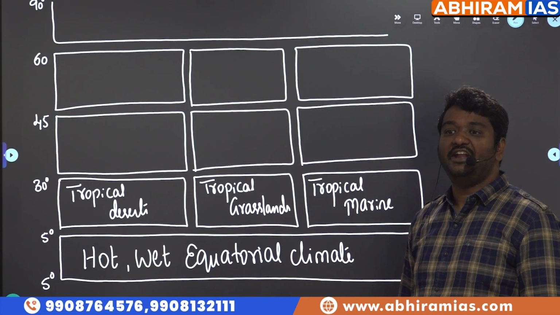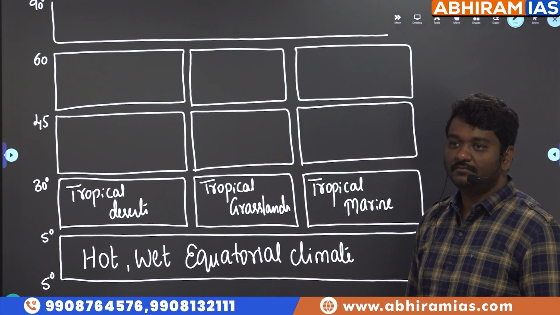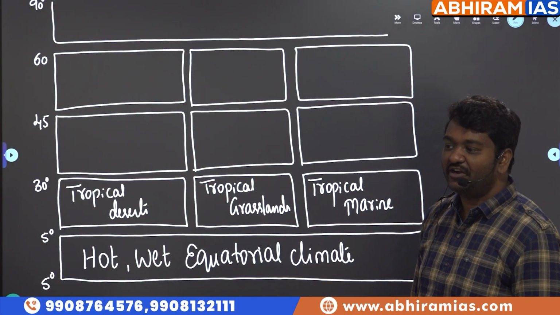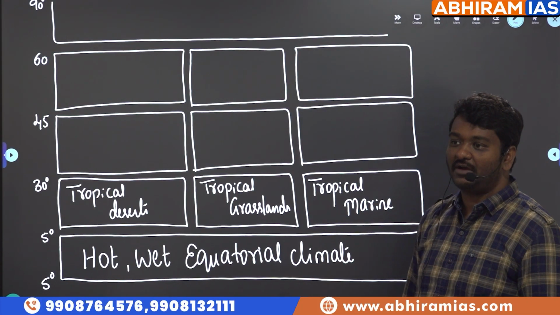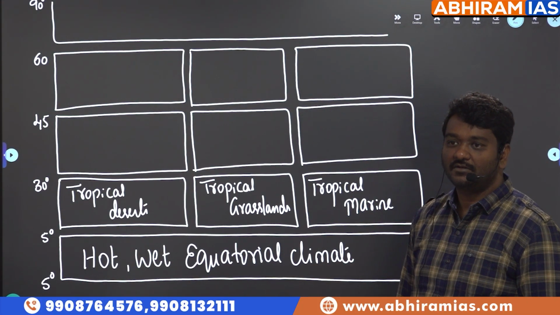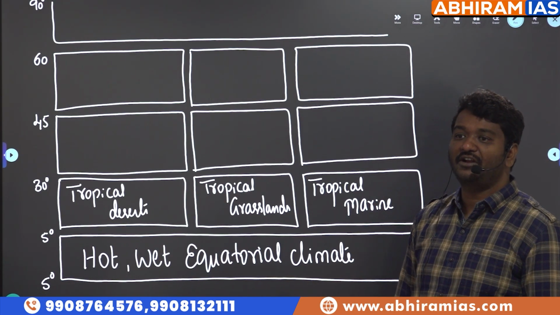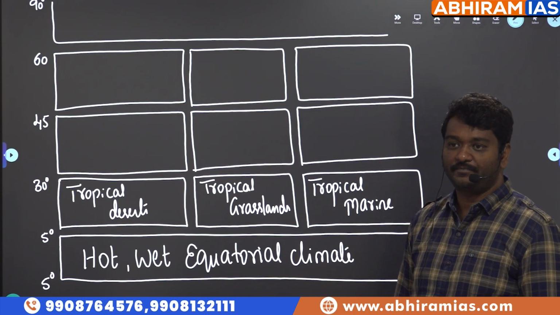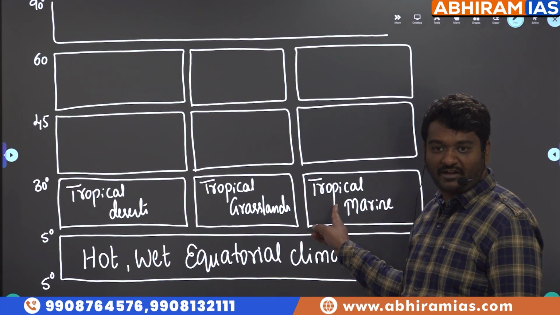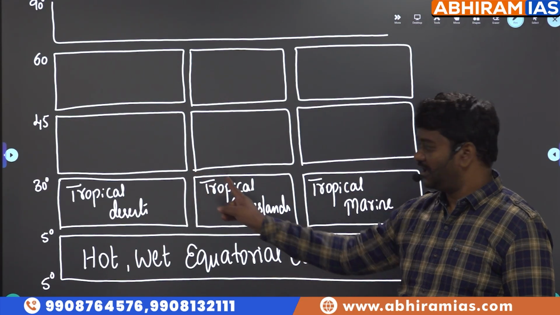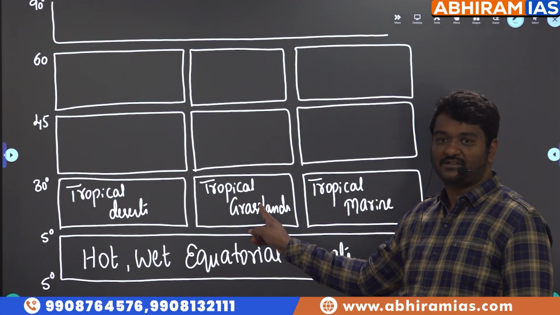Can I say India is in between 5 to 30? Yes. Eastern side of India, northeast India, what do you have? Forest or desert? Forest. Western side of India, what do you have? Desert. Bundelkhand region, grassland, is in between. East is marine climate, west is desert, in between you will have grasslands.